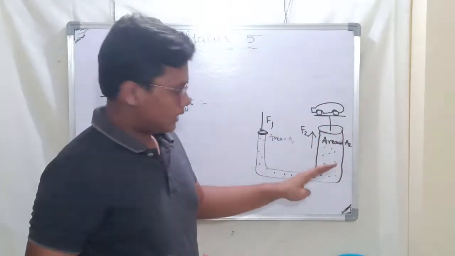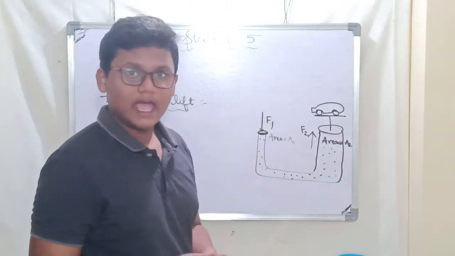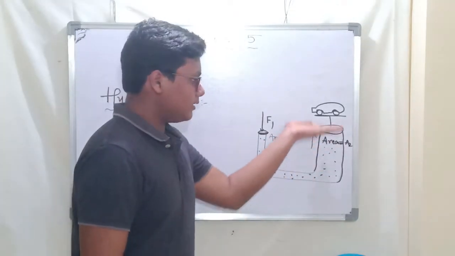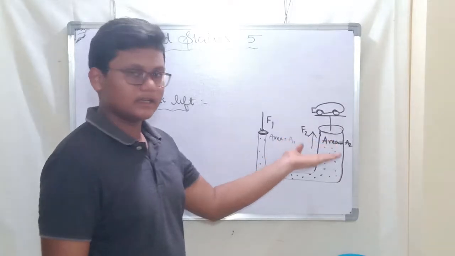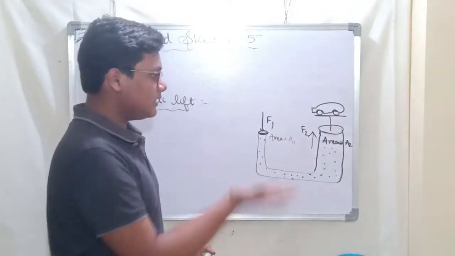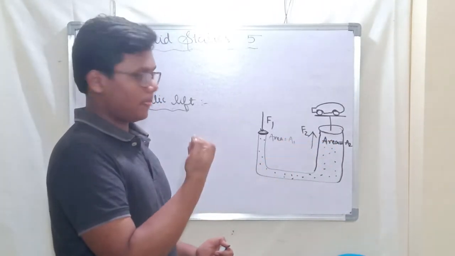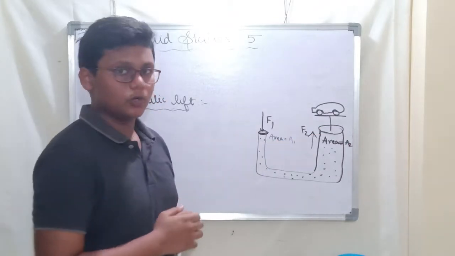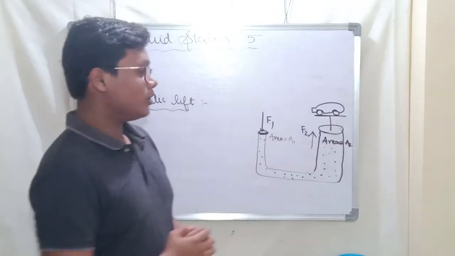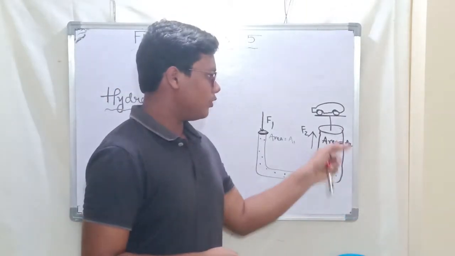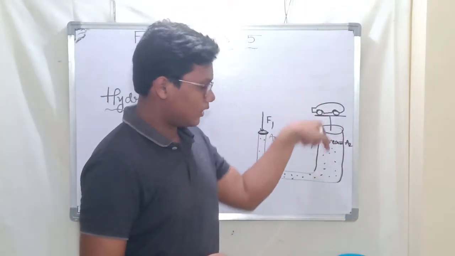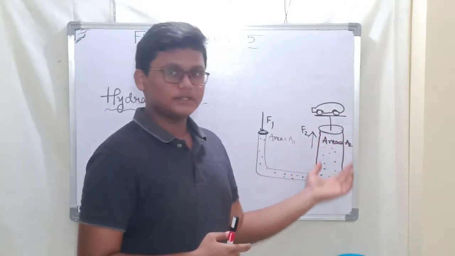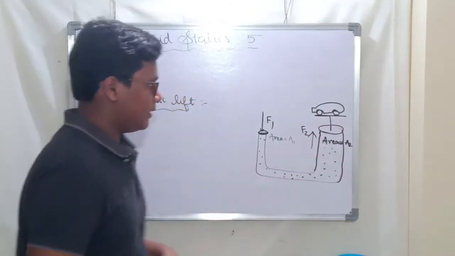Our force F2 is acting to push it outwards. That pressure is also acting here, pushing with the force F2 on the cross sectional area A2. So it is pushing up with F2, or we can say our force F2 should be acted downwards to keep it in equilibrium, to not make this piston move upwards.